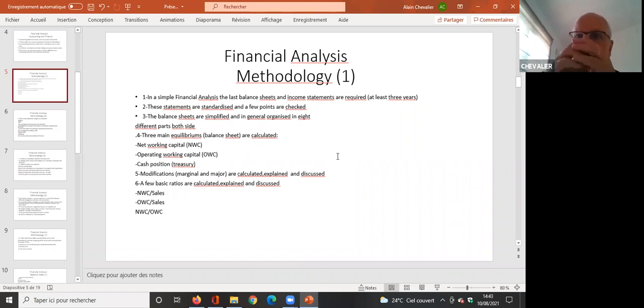So you have a kind of checklist in order to have a short examination of the balance sheet and income statement, particularly the system of valuation.